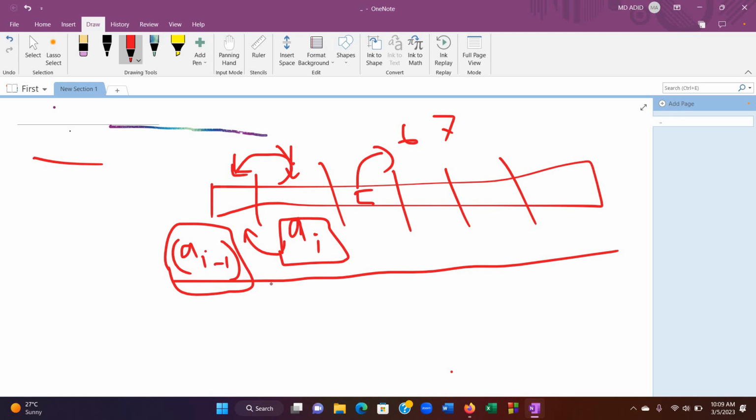If they are not divisible, I won't do anything to that index. If they are divisible, then I would simply increase a_i by 1 and apply 1 operation. It is very obvious to think about it like that.